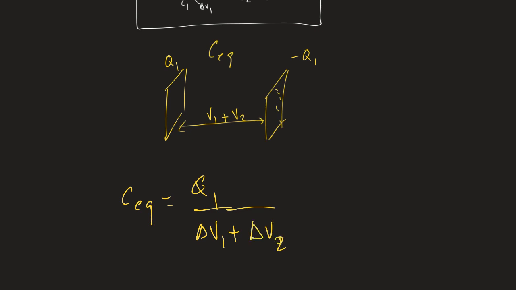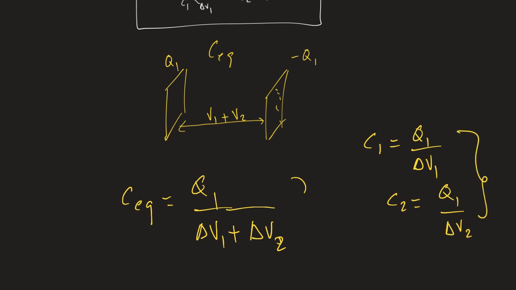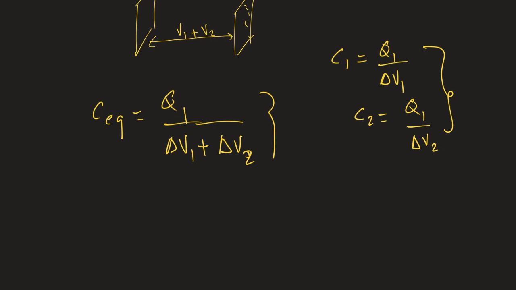Now, to relate this with the equations that C1 is Q1 divided by delta V1, and C2 is the same charge Q1 divided by delta V2, I cannot play with this equation. I have to play with the inverse, and the inverse of the equivalent will be delta V1 plus delta V2 divided by Q1.